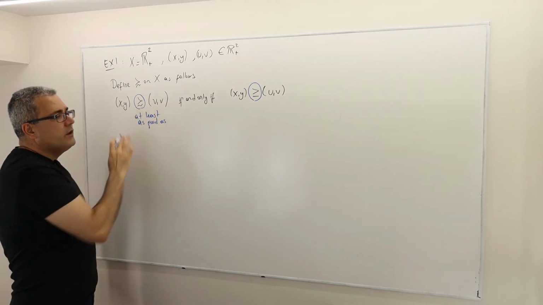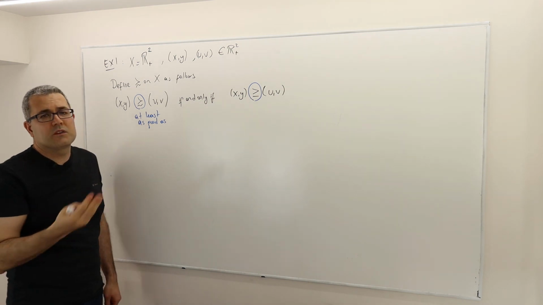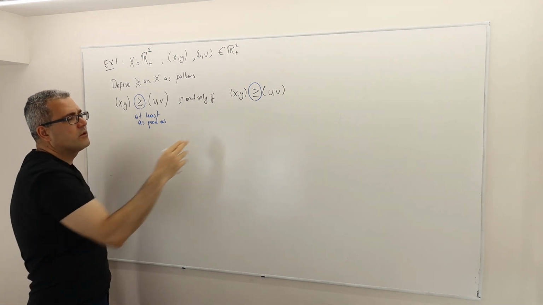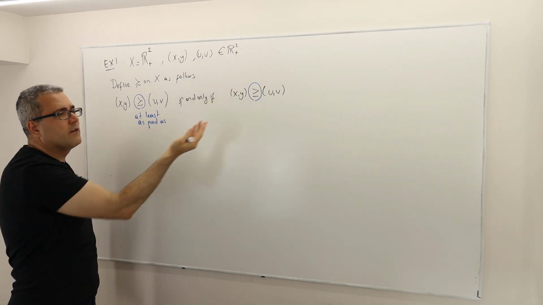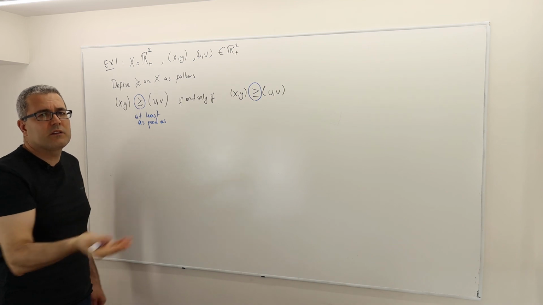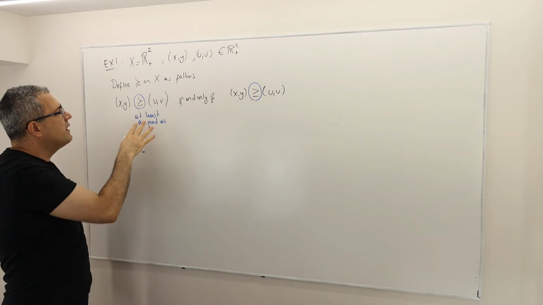The reason we use a different symbol is that we don't want to use the greater than or equal to sign, because it is usually defined on real numbers or real vectors. "At least as good as," however, can be defined on anything.